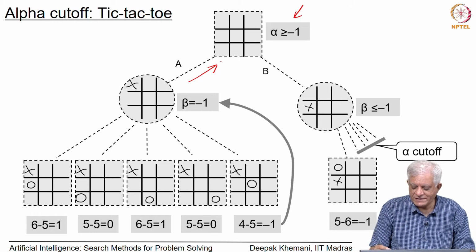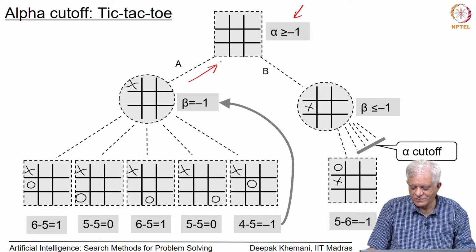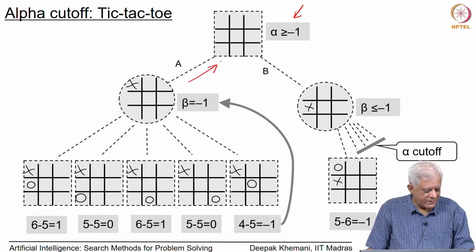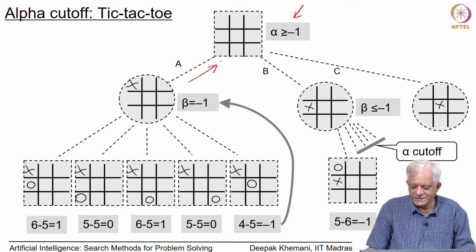No point looking at the search tree below that, and you can simply say that we are not going to do business. In other words, we have done a cutoff at that node, and having done that, it will now proceed to the third node, which is the third move that max can make, which is to place a cross in the center.